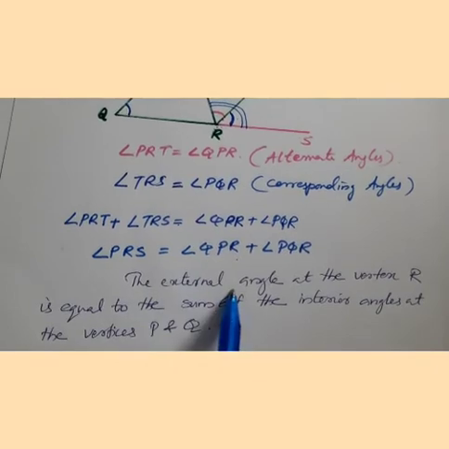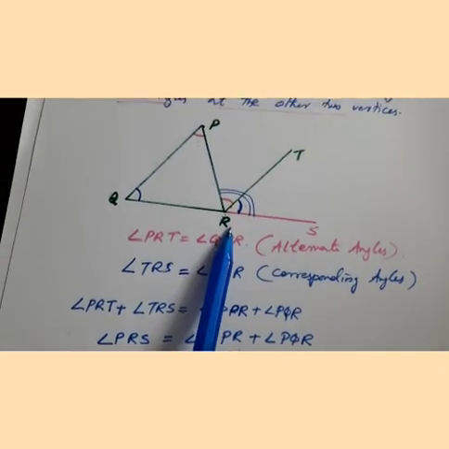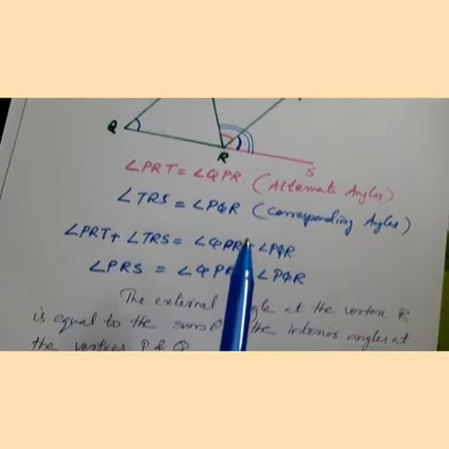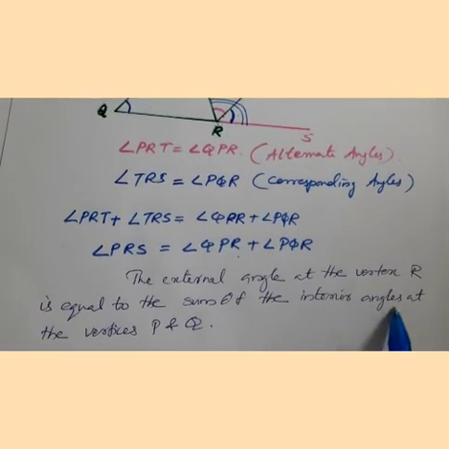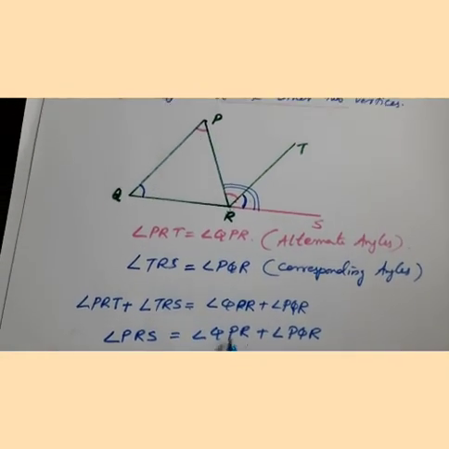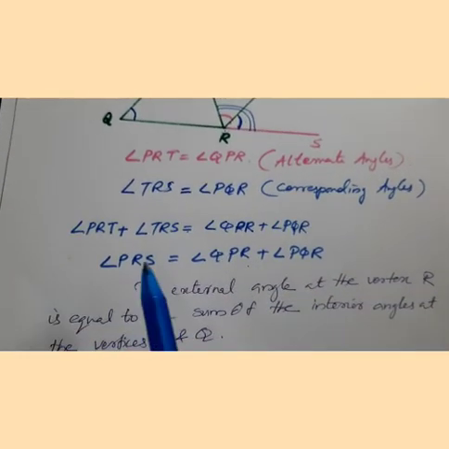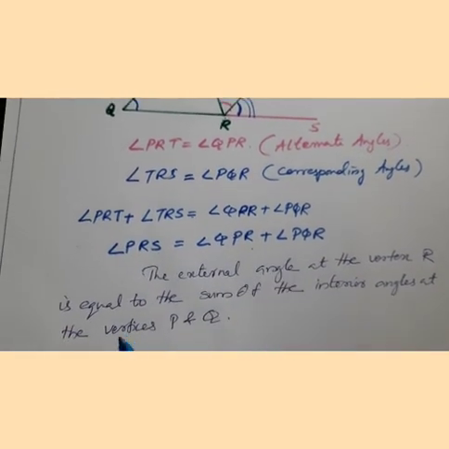The external angle at the vertex R is equal to the sum of the interior angles at the vertices P and Q. So the outer angle is equal to the sum of the inner angles.